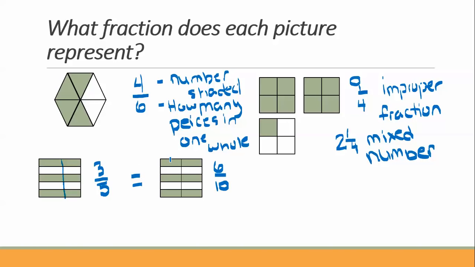We could divide this one into like that, where we would have 4 vertical lines. Then we would have 1, 2, 3, 4, 5, 6, 7, 8, 9, 10, 11, 12 shaded out of 20. Those 3 are all equivalent fractions.